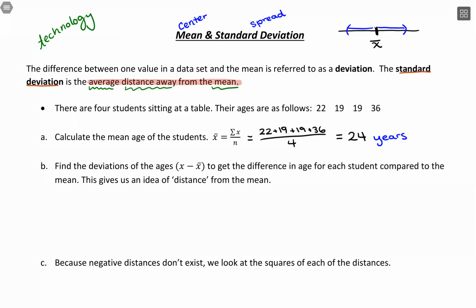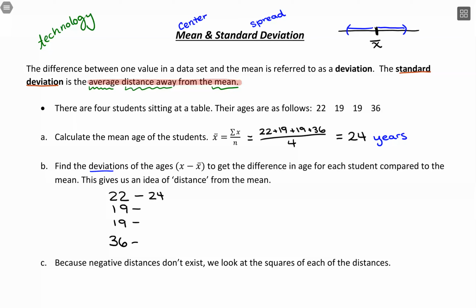So that takes care of knowing where our mean is. Then the next piece that we're going to focus on is this idea of distance away from the mean. So let's first talk about deviations. Deviations are the distance between each data value and the mean. So we'll take each data value, which is 22, 19, 19, and 36, and to see the distance from the mean, we'll subtract the mean.